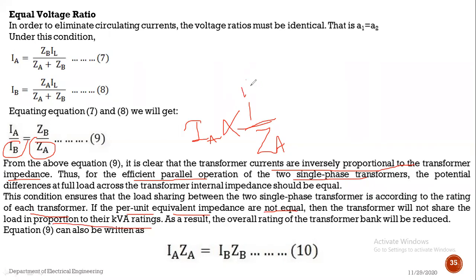The condition is that the percentage impedance or per unit impedance of the transformers should remain the same. If the per unit impedances of both transformers are not equal, then they will not share the load in proportion to their kVA rating.